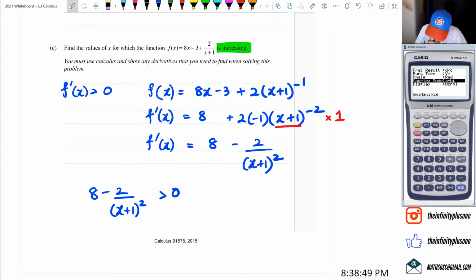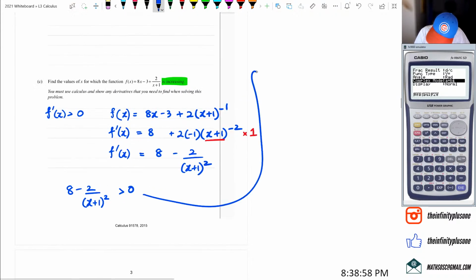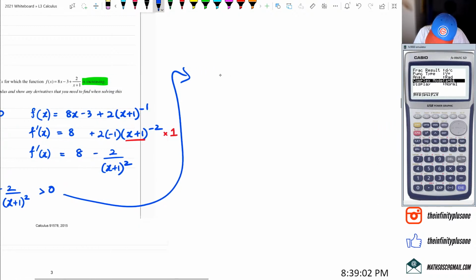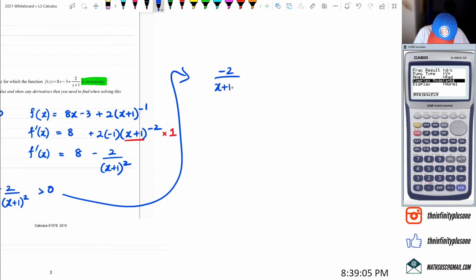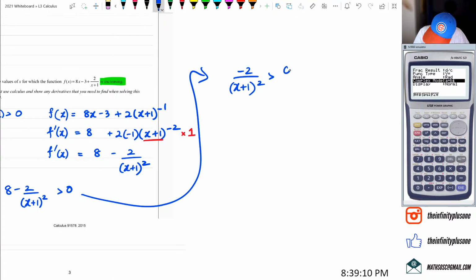What we could do though is, I'm trying to think. Yeah, let's flip it. Shall we flip it? No, let's not flip it yet. Gonna have to move this here. So let's just rearrange this. We're gonna get negative 2 over x plus 1 squared is greater than 0 minus 8. So when I get 0 minus 8, I've got negative 2 over x plus 1 squared is greater than negative 8.